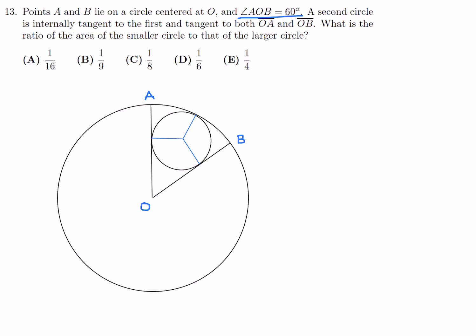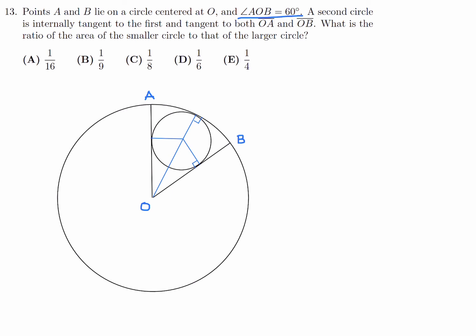And these are of course all 90 degrees because those are tangent points. Okay, so at this point, let's connect O to that line, so like this, and here we go. So this is our diagram.